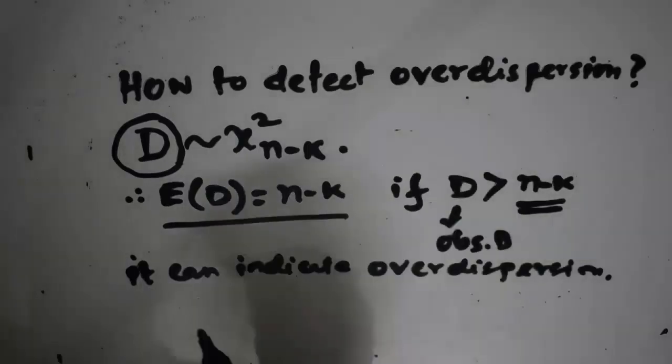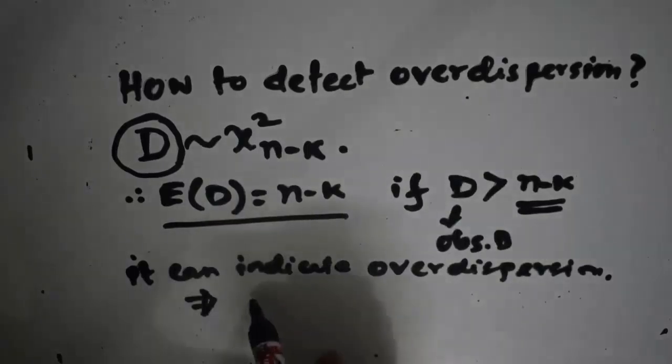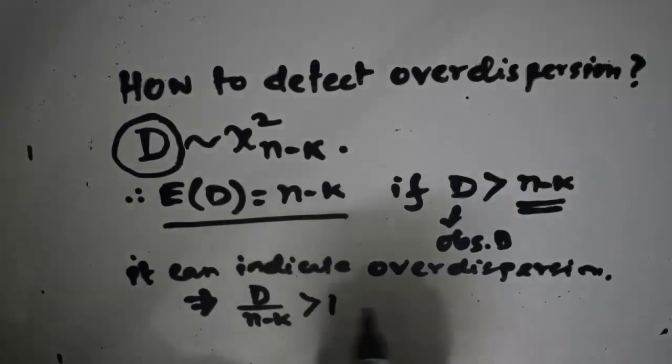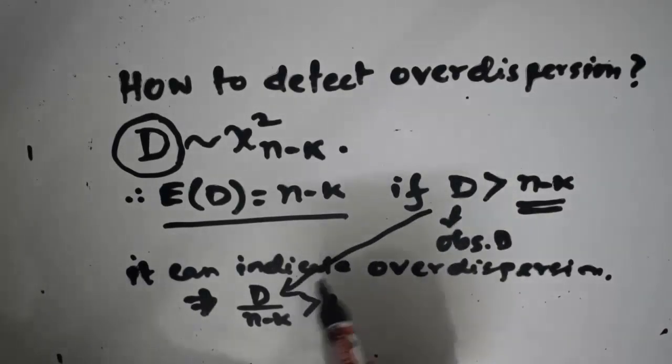Or another way you can say that observed D divided by n minus k is greater than 1. These are the same thing.